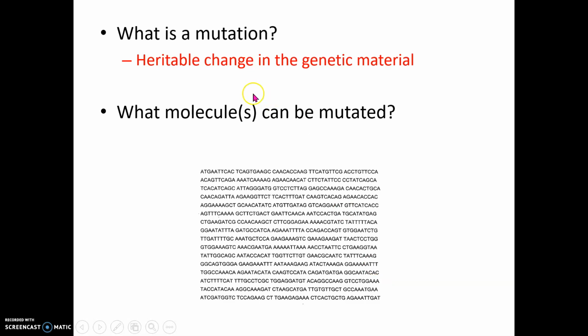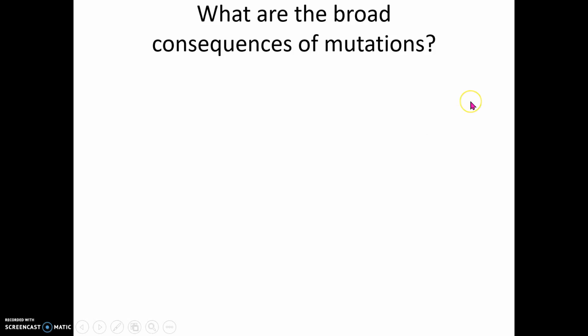That's a mutation. So if it's a change in the genetic sequence, which molecules can be mutated? By and large, your answer should be DNA. To a lesser extent, it can also be RNA when we think about an RNA genome in viruses. And we know that viruses acquire lots and lots of mutations over time.